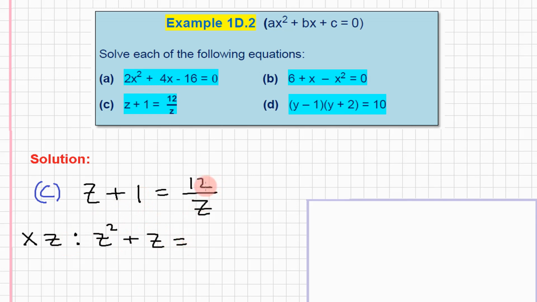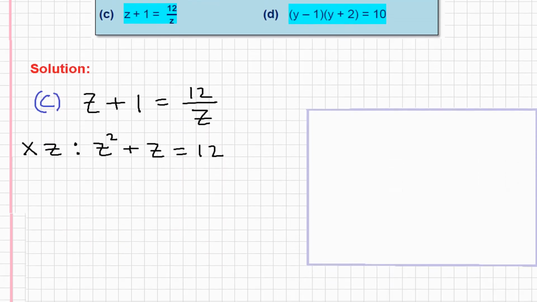Then on the right hand side, when we multiply 12 over z by z, the z's will cancel and we are left with 12. The equation is not yet in standard quadratic form. We can rewrite it in standard form by bringing the 12 to the left-hand side.